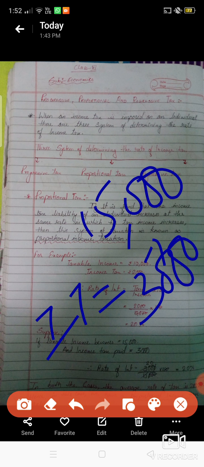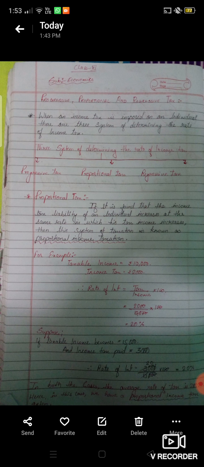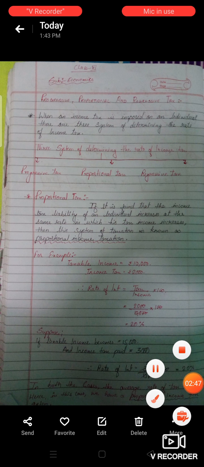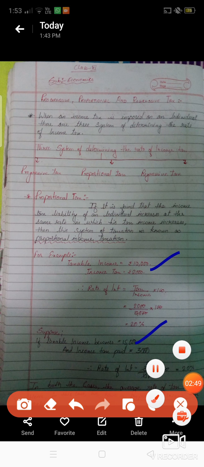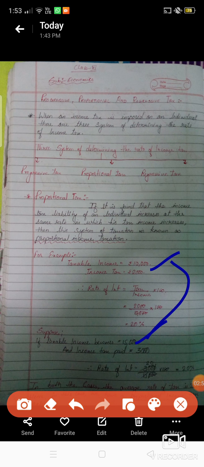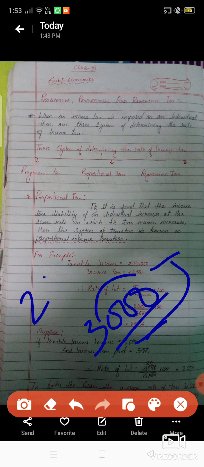Now, we know how to find the rate: income tax divided by the income on which tax has been imposed, multiplied by 100. Here, you will find both changes are the same: income increased from 10,000 to 15,000, and tax increased from 2000 to 3000, and in both cases the rate is 20%.